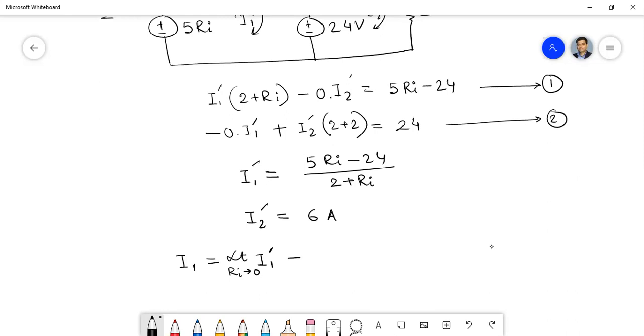So here, if we put this value which we have already solved, that is 5 Ri minus 24 divided by 2 plus Ri. So what you will get? Minus 12.